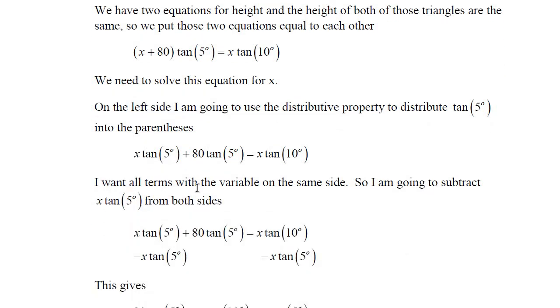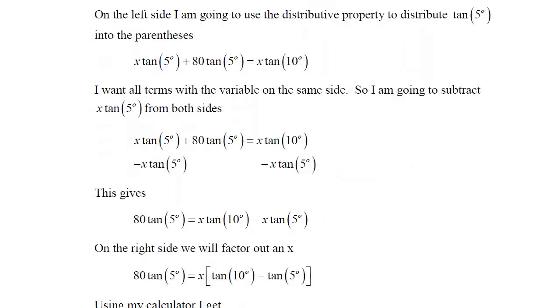Now, I want all the terms with the variable on the same side. So I'm going to subtract x times the tangent of 5 degrees from both sides, and this is going to give me the following. 80 times the tangent of 5 degrees is equal to x times the tangent of 10 degrees minus x times the tangent of 5 degrees.